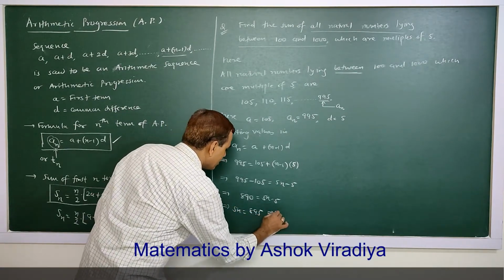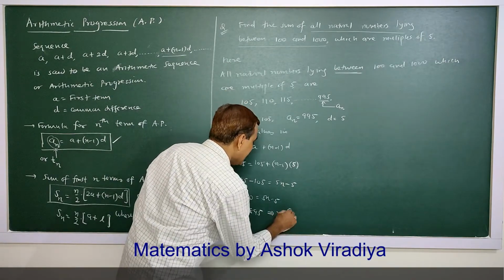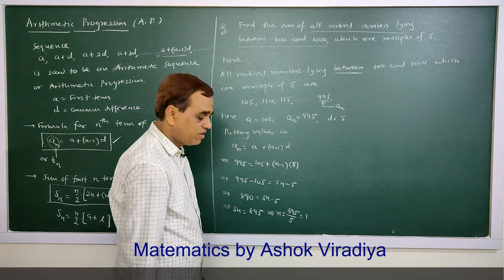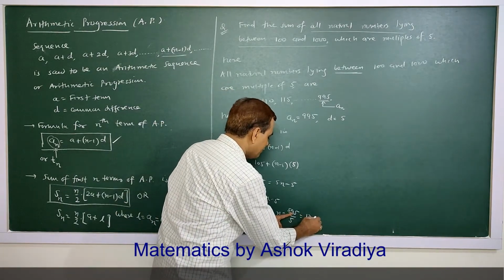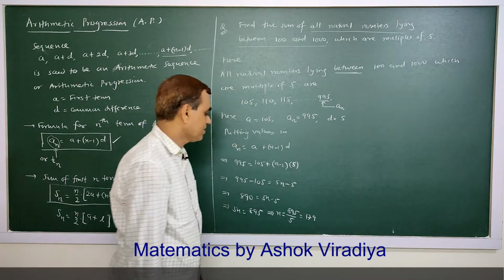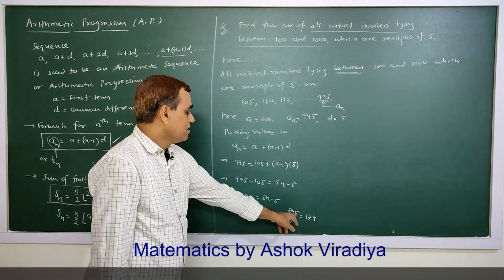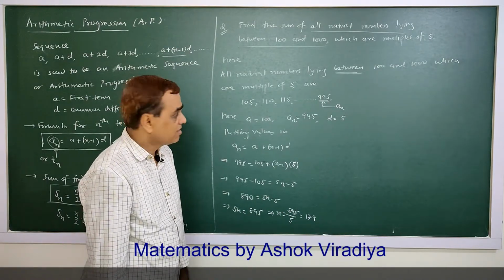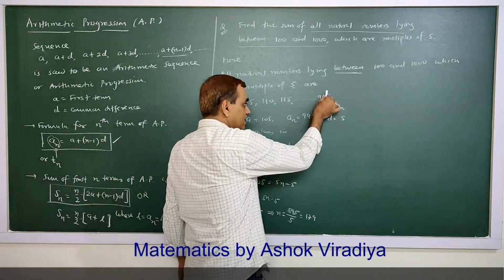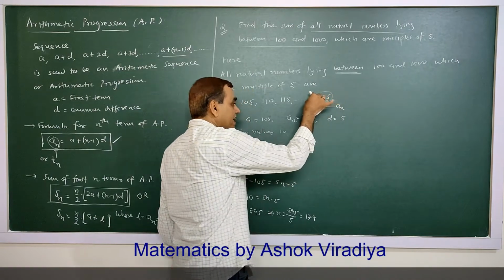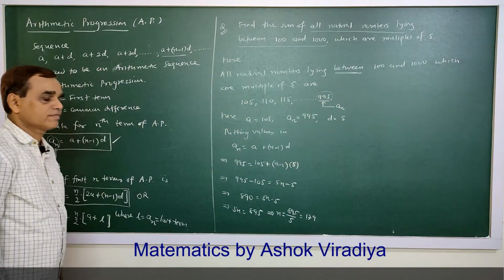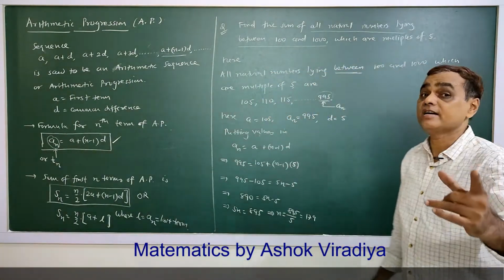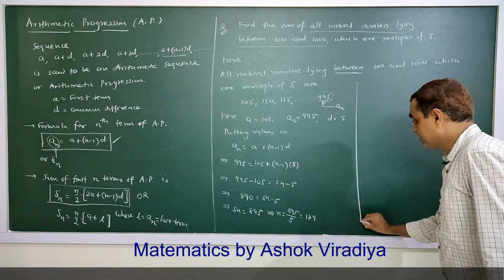So n is equal to 895 upon 5, that is 179. So n is 179. So here this is the 179th term. So 995 is the 179th term.